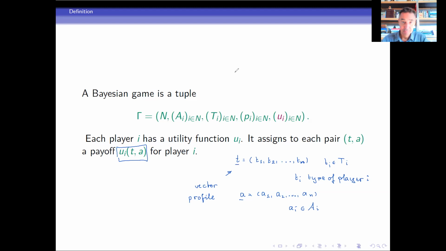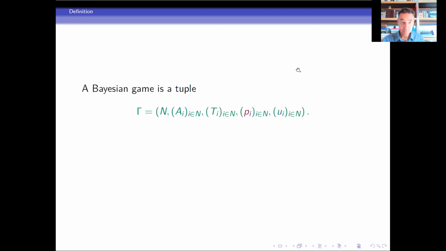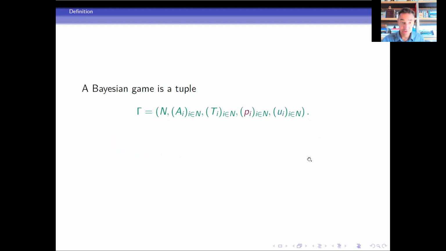Okay. So I hope this is now clear. The Ui is the utility function, and its inputs are a profile of types and a profile of actions.